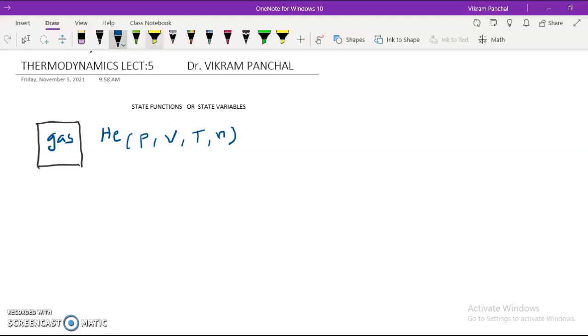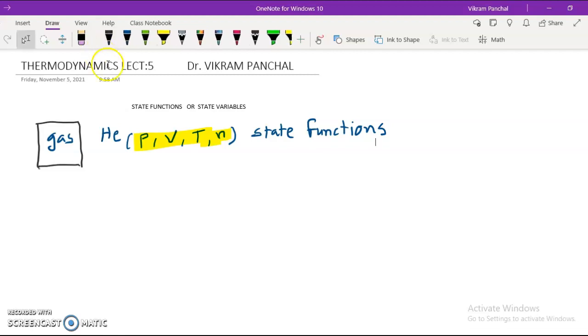And these are known as state variables or state functions of a system: pressure, volume, temperature, number of moles, composition, mass, etc. So we call them state functions because these properties are required to show the system, helium or any other gas. Now let us write something about state functions.